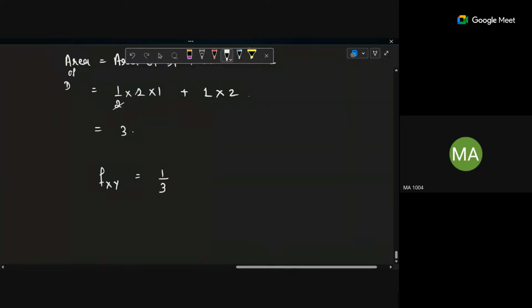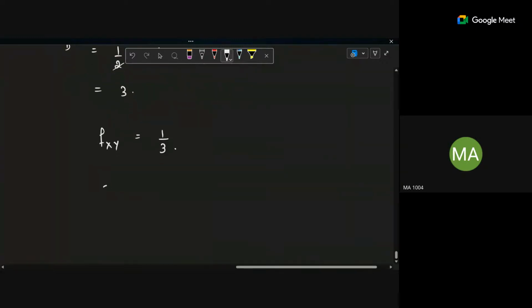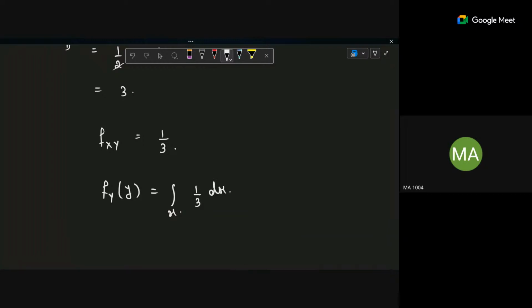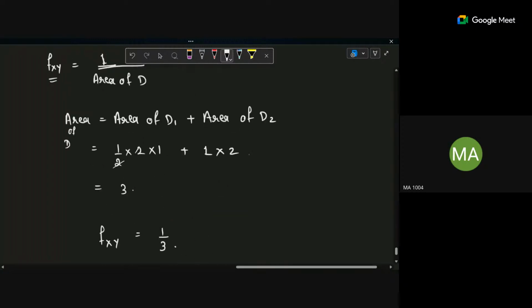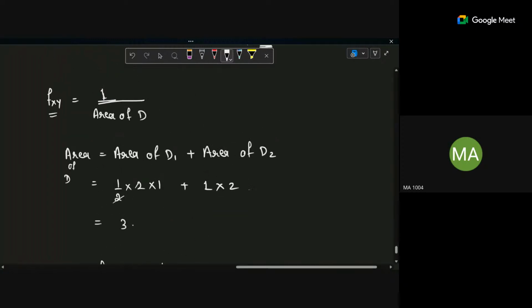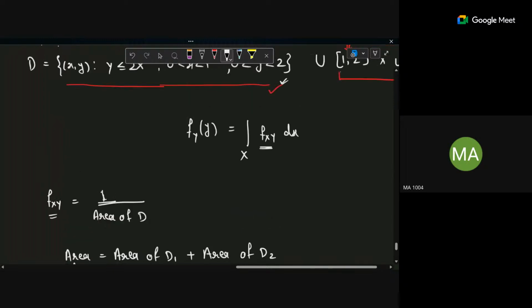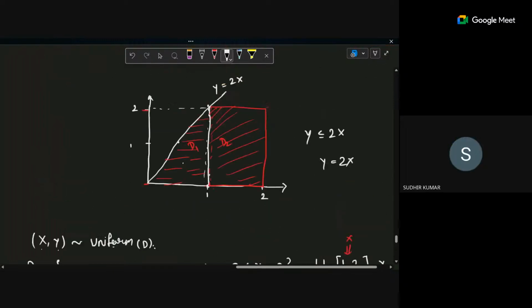So for f_Y(y), the marginal density, you now need the range of x to integrate over for the integrand 1 by 3. So what's your range now? y by 2 to 1 for the triangle part.